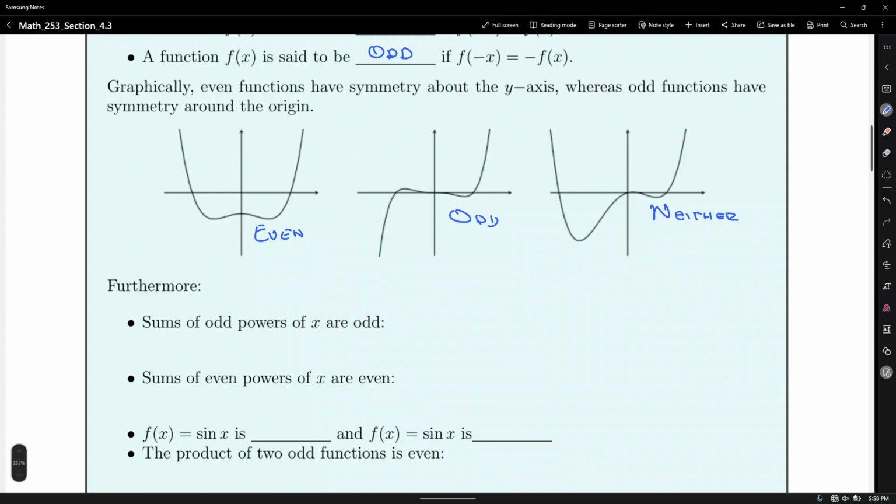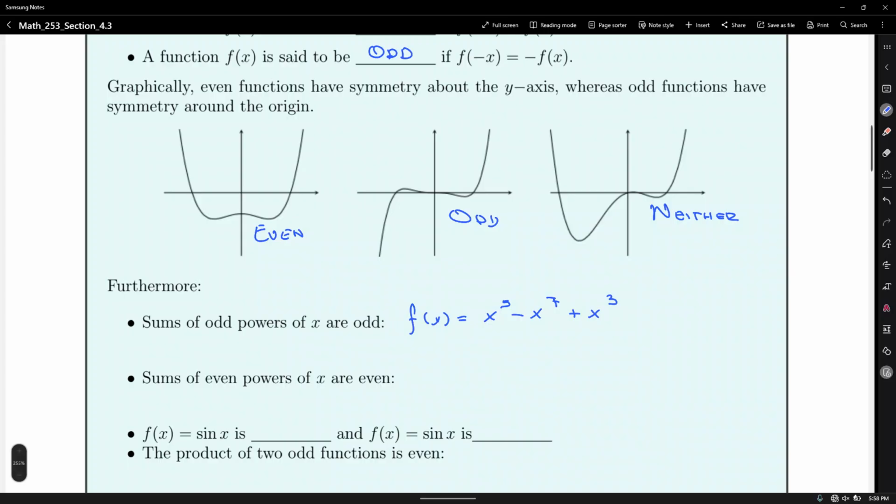For instance, f of x equals x to the fifth minus x to the seventh plus x cubed. Odd power, odd power, odd power. That's going to give us an odd function. If you evaluate f of negative x, everything is going to be the value of the function with the opposite sign. That's going to tell us algebraically that indeed it's an odd function.